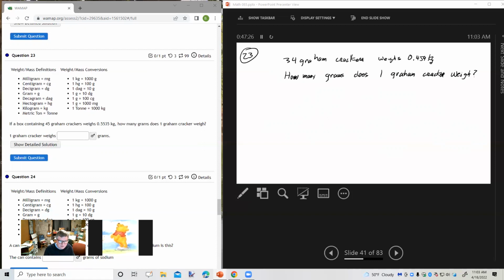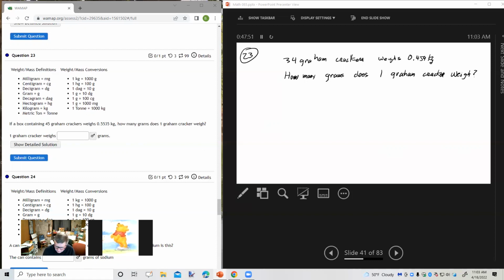Again, I'm using different numbers from the ones you're going to be doing. So now instead of multiplying, we have to divide. We're going to take the total weight and divide it by 34, but we need to convert it into grams. We can either convert kilograms into grams first and then divide, or divide first and convert.